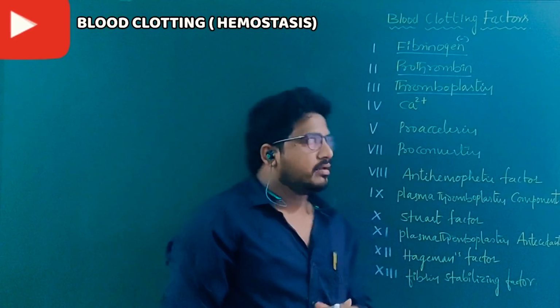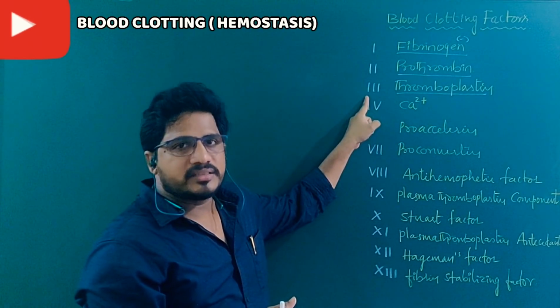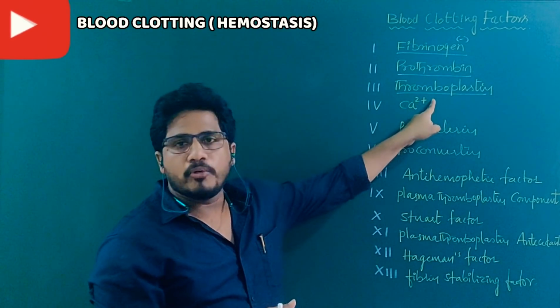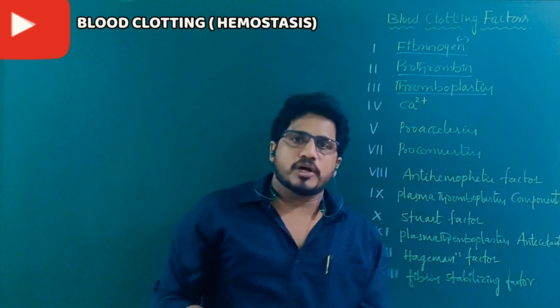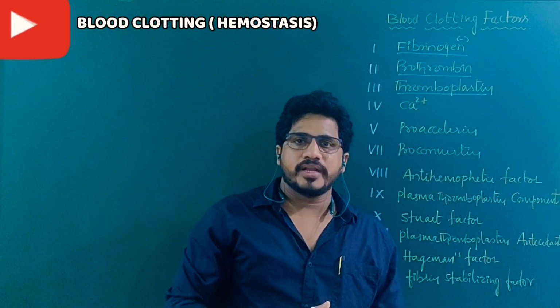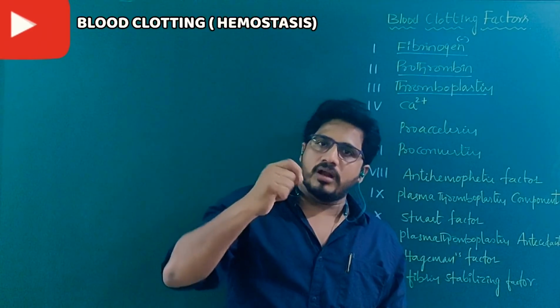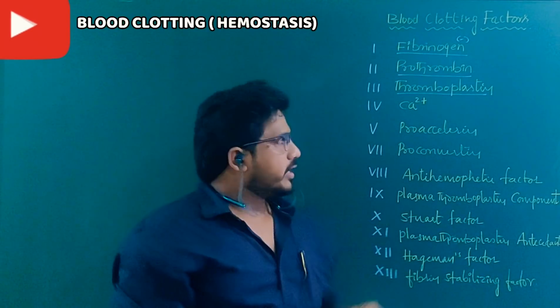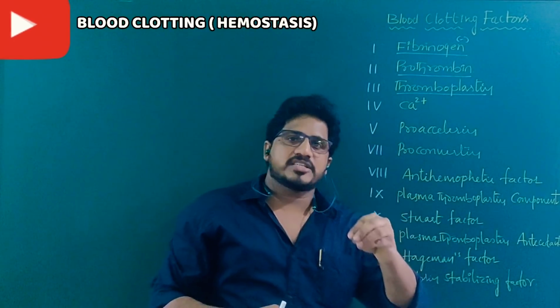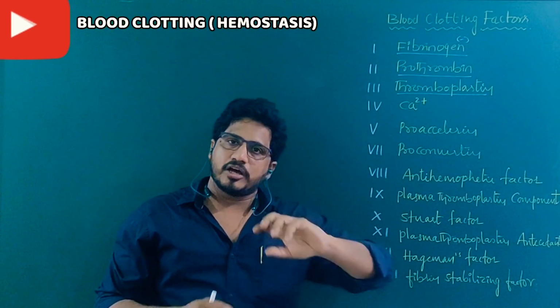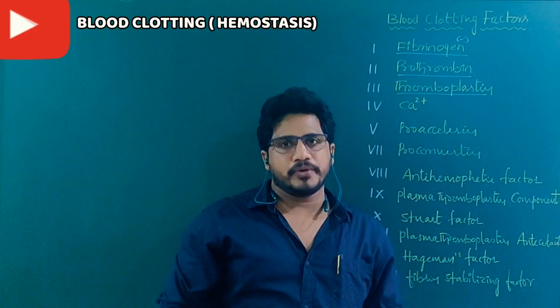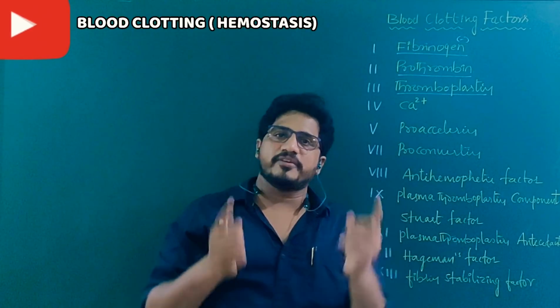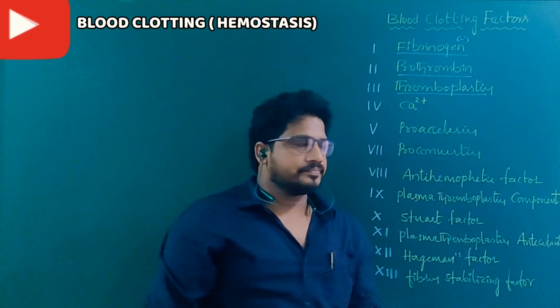I repeat, the third important factor in the blood clotting process is thromboplastin. The sources of thromboplastin are two. One is the damaged blood vessel wall, and thrombocytes, nothing but blood platelets, also release this protein. Even though the source is different, the chemical is the same.